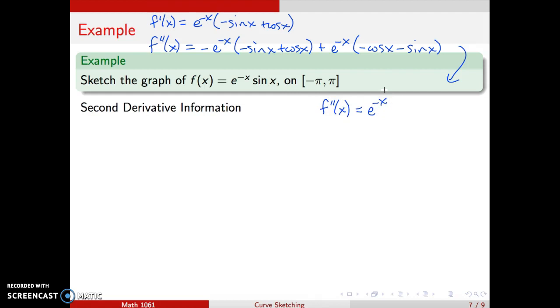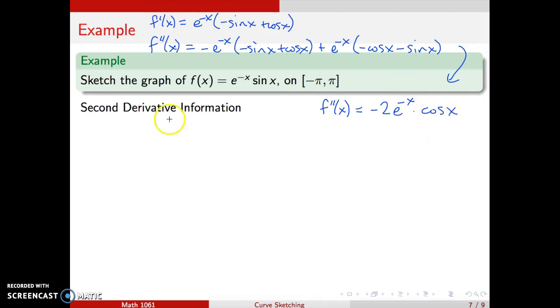Now let's look at what's happening when we're grouping some things together here. So that minus makes that sign just positive sine x minus sine x, so that's gone. And I've got a negative cosine x, another negative cosine x, so negative 2 e to the negative x times cosine x.